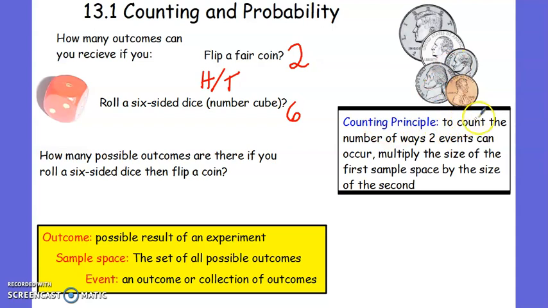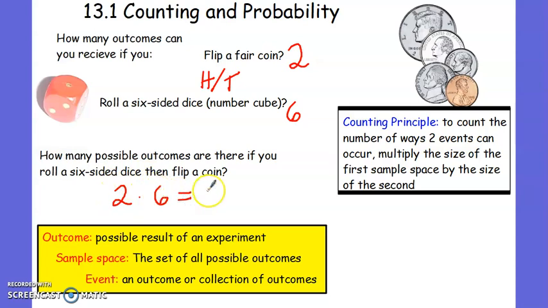The counting principle says that to count the number of ways the 2 events can occur, so flipping our coin and rolling our dice, all we have to do is multiply the size of the sample space for the first event by the size for the second event. So basically saying, well, we could get either heads or tails, but we could also, if it comes up heads, get any one of the 6 numbers on the dice, or if it comes up tails, get any one of the 6 numbers on the dice.